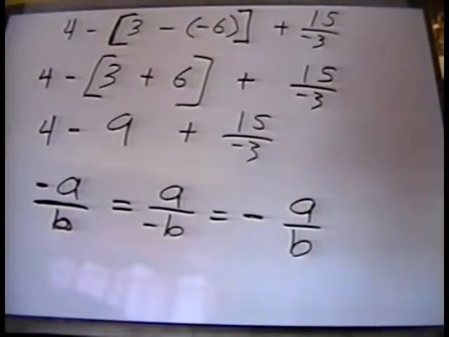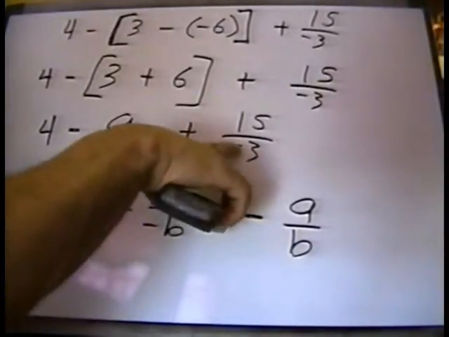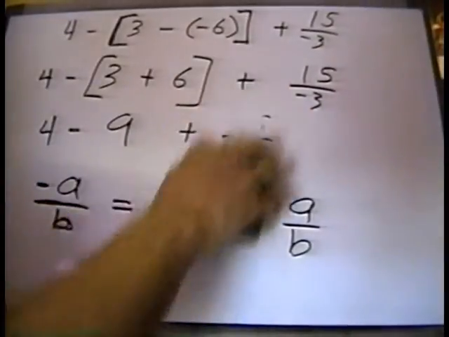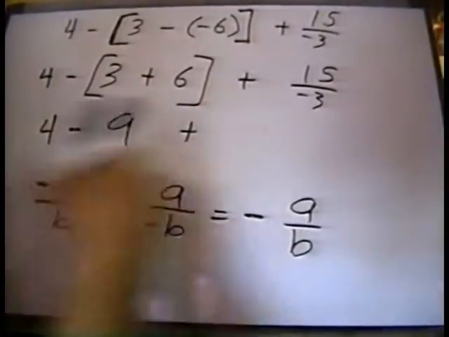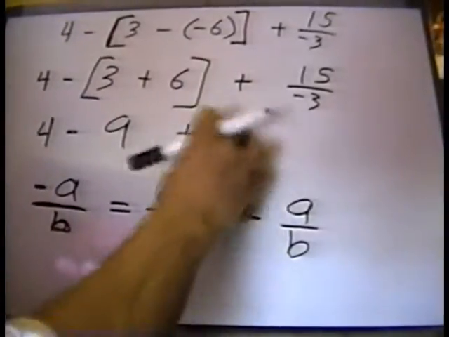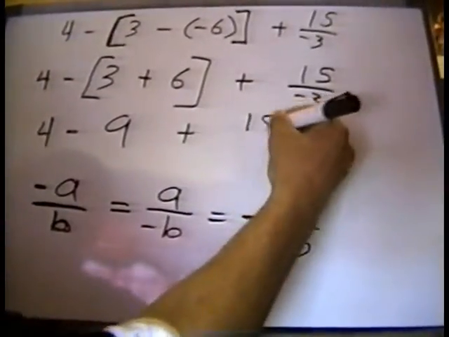So you could do that first, of course. We know 15 divided by 3 is 5, right? That's going to give you a negative 5. Okay? You do that first. You write that back.